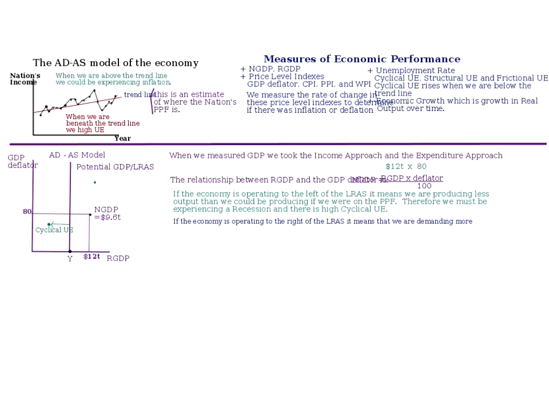For instance, let's say we have a period of time in which we're on our PPF, but we're producing what we can, and we're building up inventories because there's not quite enough business activity to purchase everything that we have.